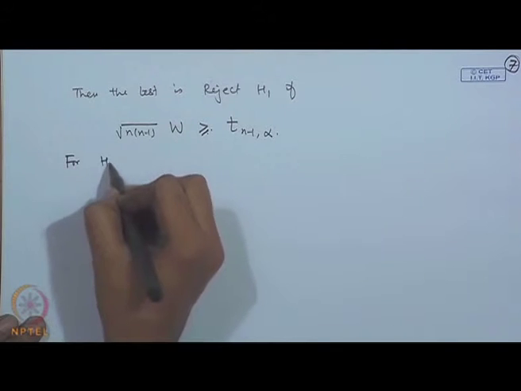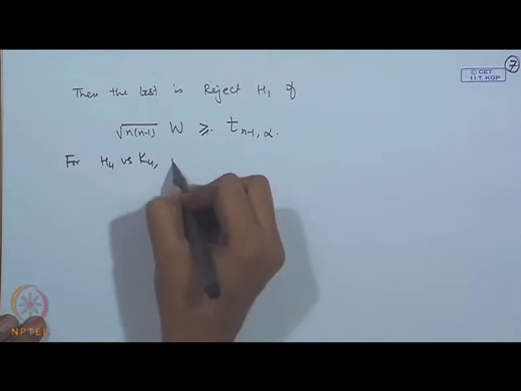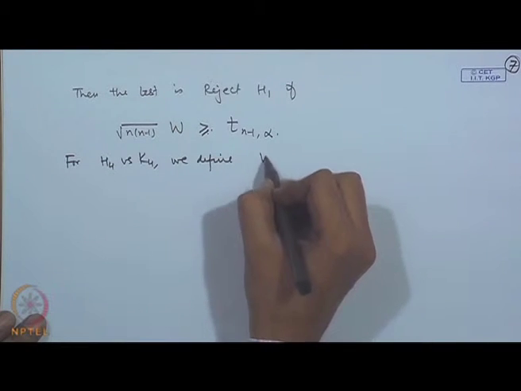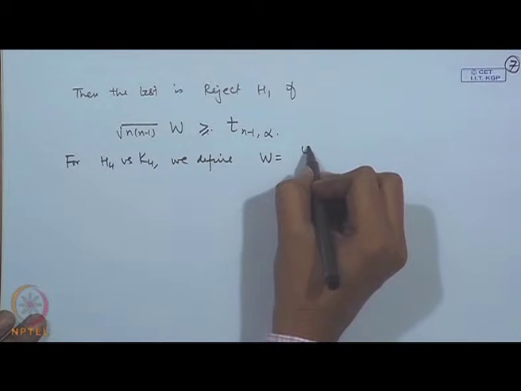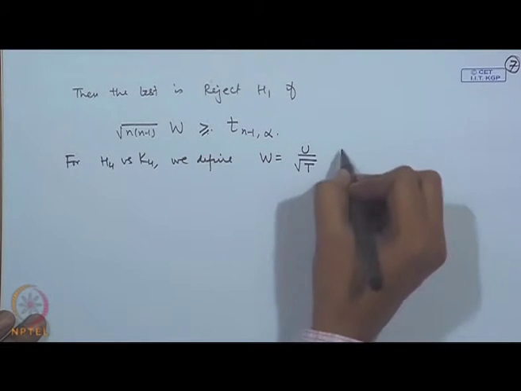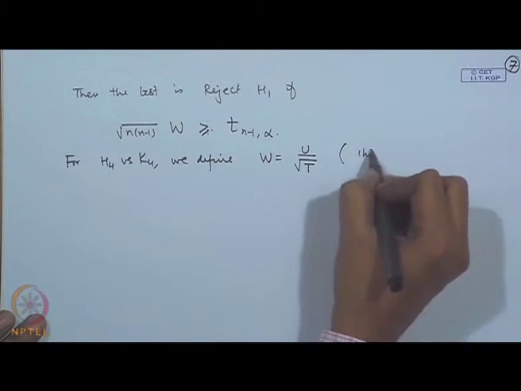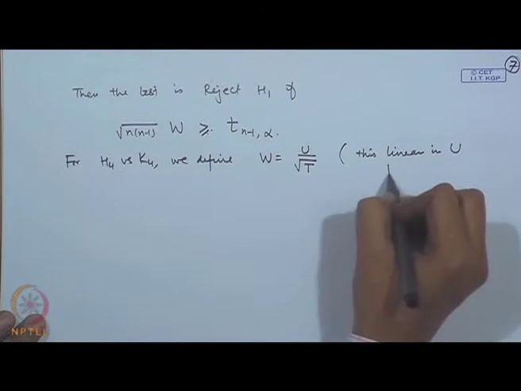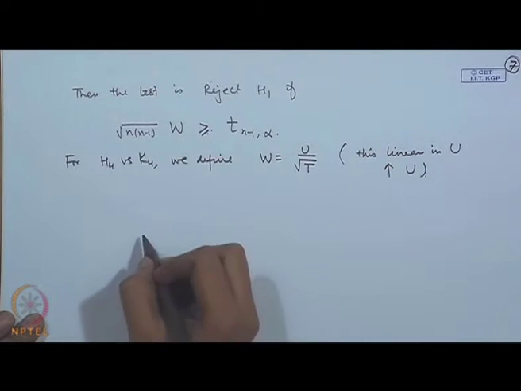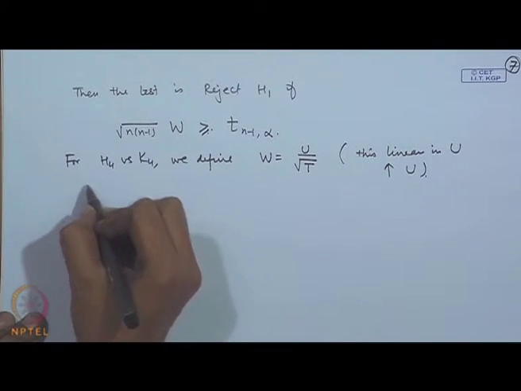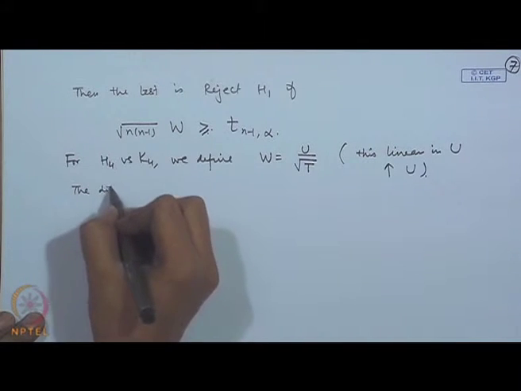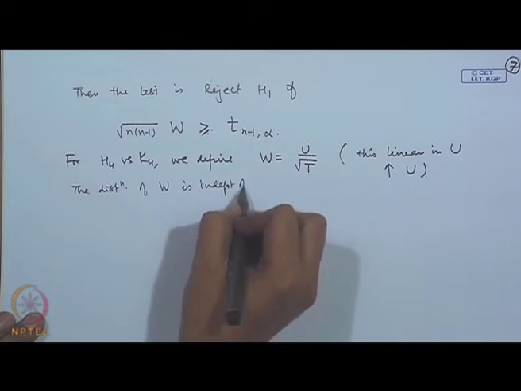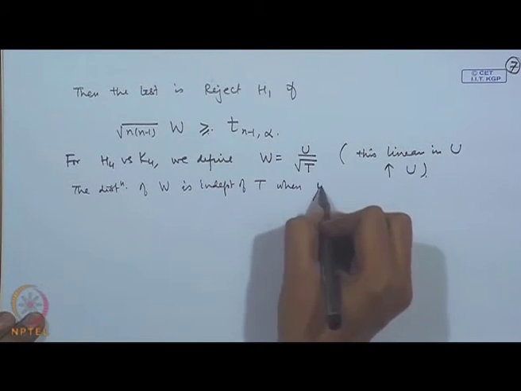For H 4 versus K 4, we define W is equal to U divided by square root of T. Now, this is linear in U, increasing in U, and the distribution of W is independent of T when mu is equal to 0.